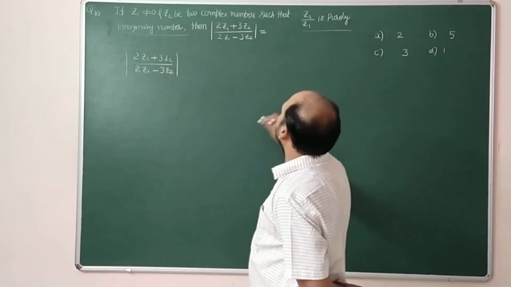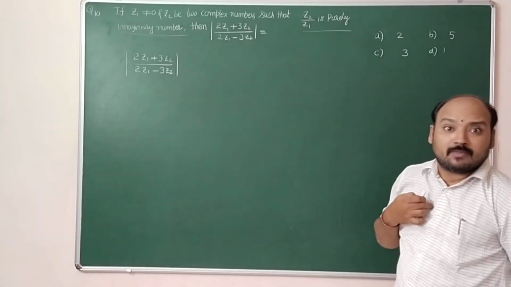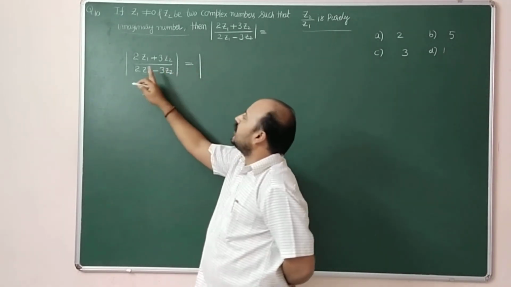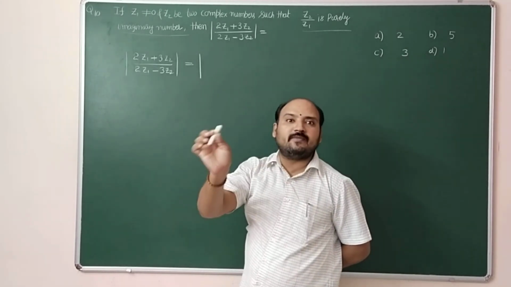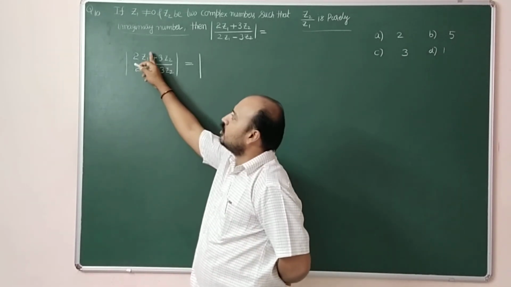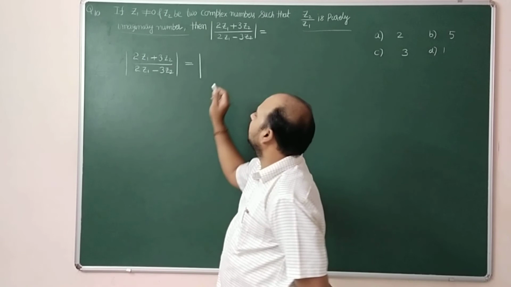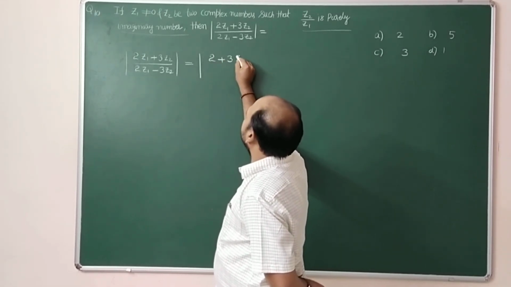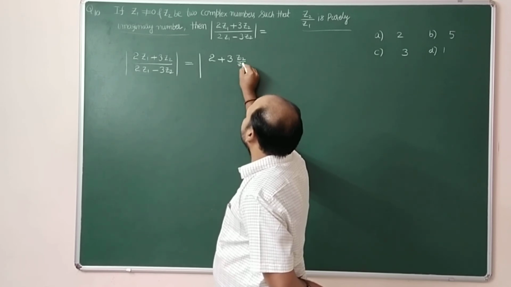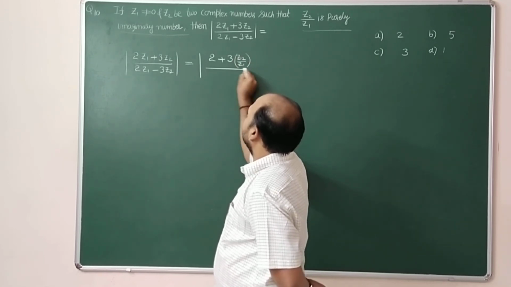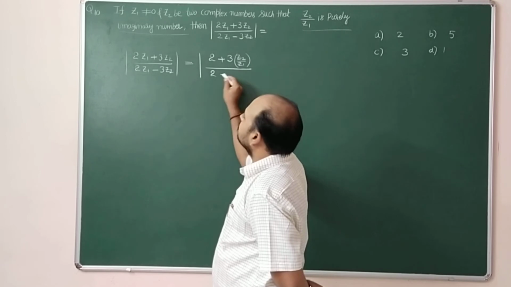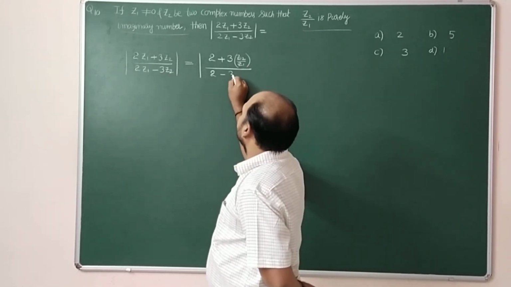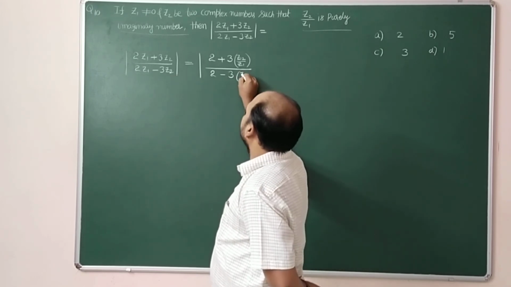What I am doing is, the term I want to get is z2 by z1. So dividing numerator and denominator by z1, it will become 2 plus 3 into z2 by z1 divided by 2 minus 3 into z2 by z1, since 2z1 by z1 is 2.